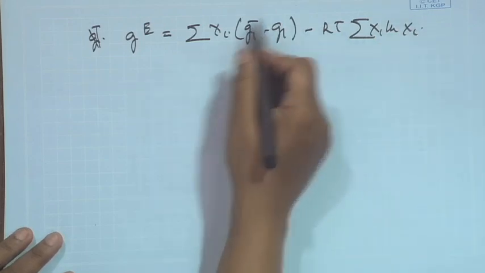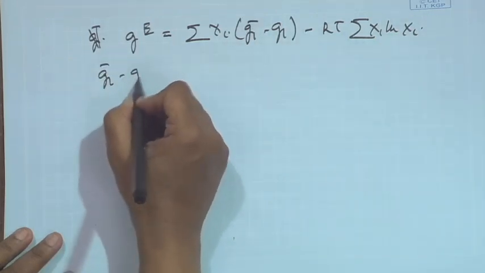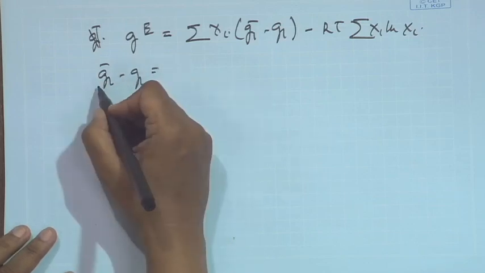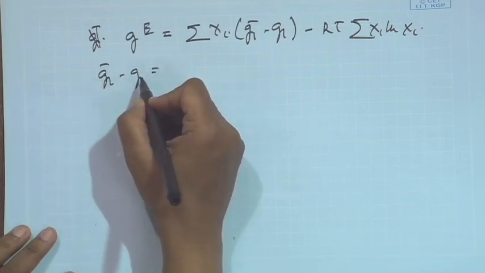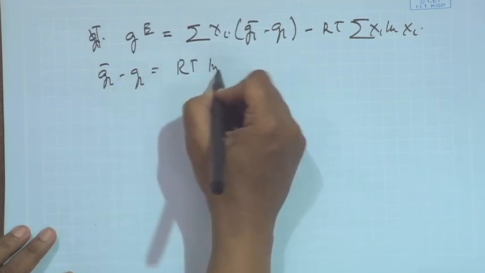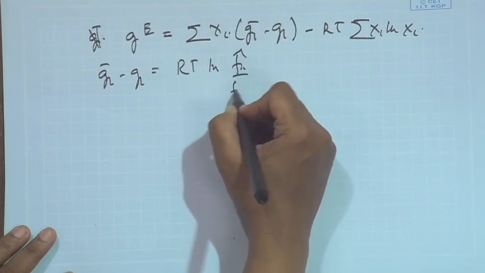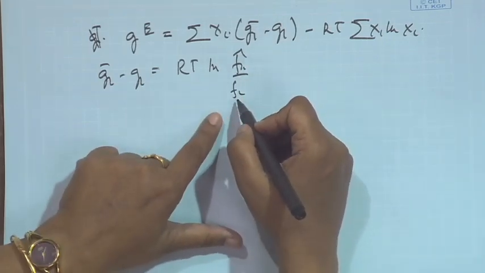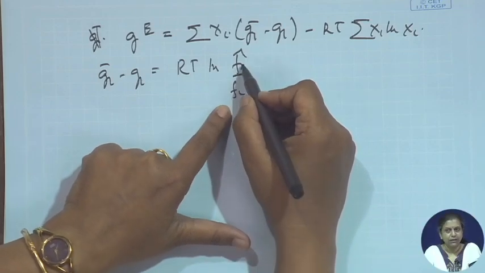Fine. What is this Gi bar minus Gi? This is the change because the pure component i was taken into a solution. That is why this particular change occurred. Can we not write it down as RT ln Fi cap by Fi? What does it show? The fugacity change of pure component i when it was taken into solution.